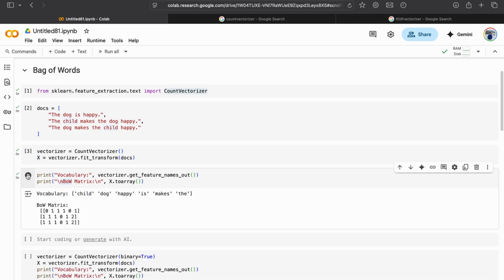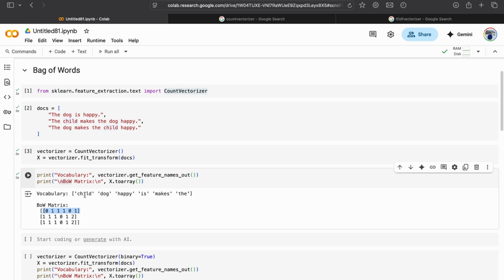Let's run this. So the vocabulary is child, dog, happy, is, max, the. As we saw in the explanation, this is the vocabulary. And as you can see, this is the representation for document 1, which is the dog is happy.